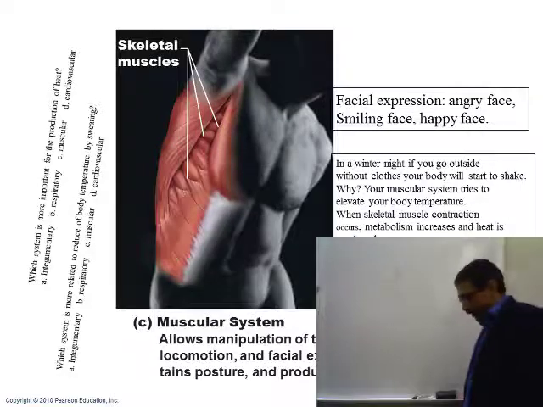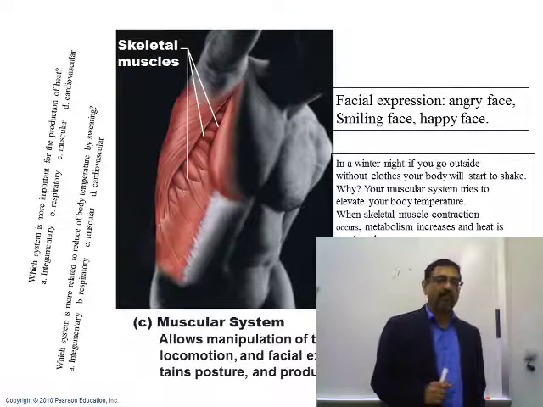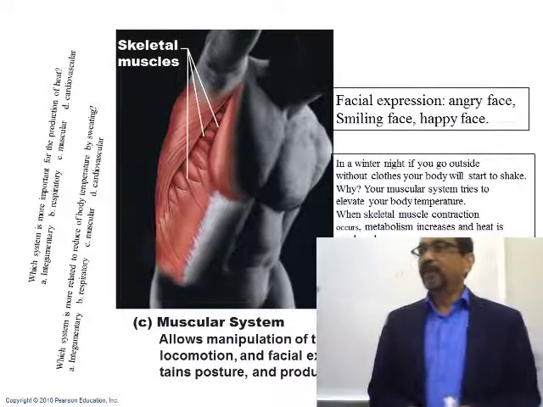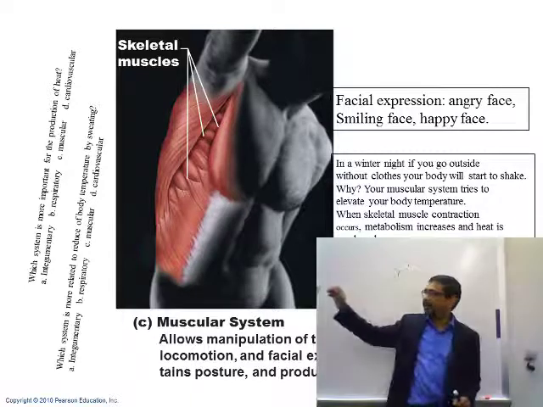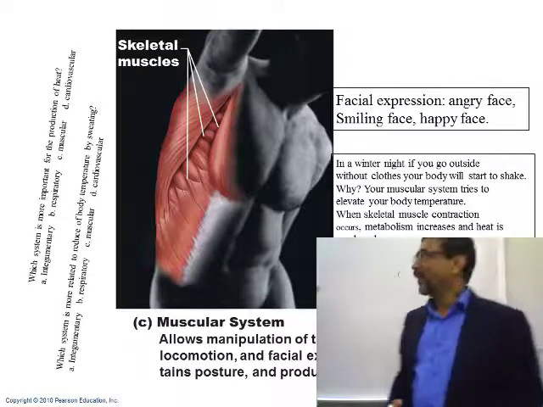Muscular system. The muscular system consists of the skeletal muscles of your body. You already know that skeletal muscles are found attached to the skeletal bones.